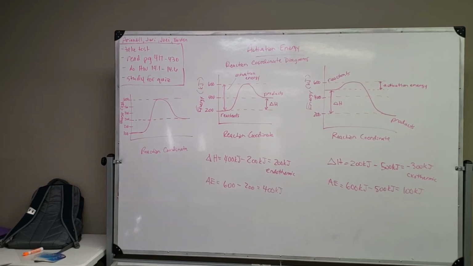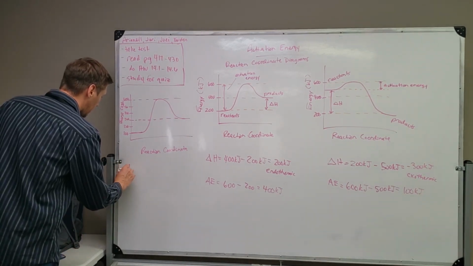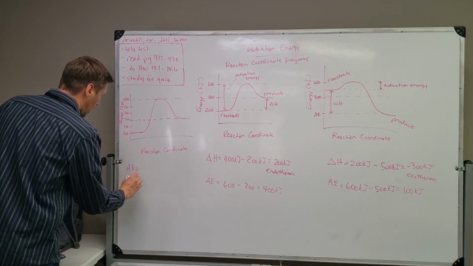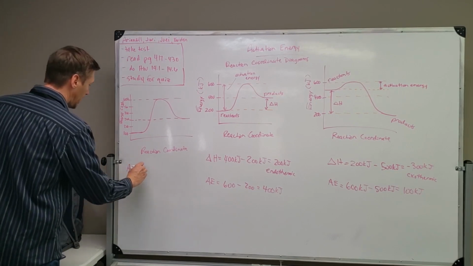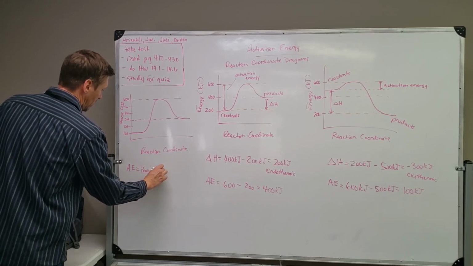I mean, you could have done that mathematically, right? You could have said that the reactant, we start at 100 kilojoules. You know that activation energy equals the peak energy minus starting.